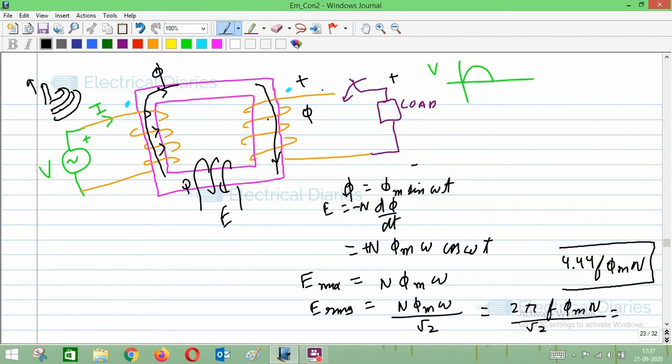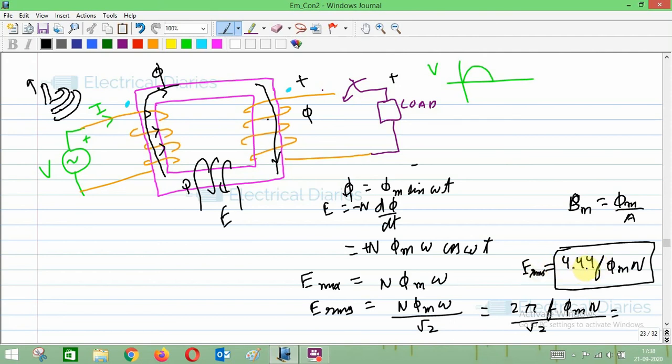Here phi m is the maximum magnetic flux, and it is usually represented by Bm, the flux density, phi m by A. Bm is assumed to be constant for a core. In all the problems, this much knowledge is sufficient, and you can use this equation for any machine. This gives the RMS value, always remember.